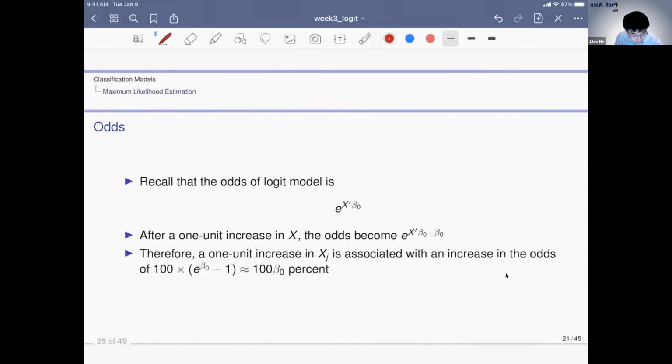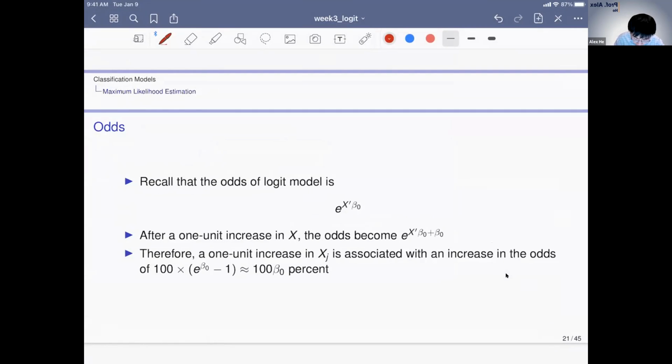And then going back to the odds, remember we have the log of the odds ratio, and for logit, it just equals beta x. Another way to say this is that the odds, which is P over 1 minus P, is equal to e to the beta x.